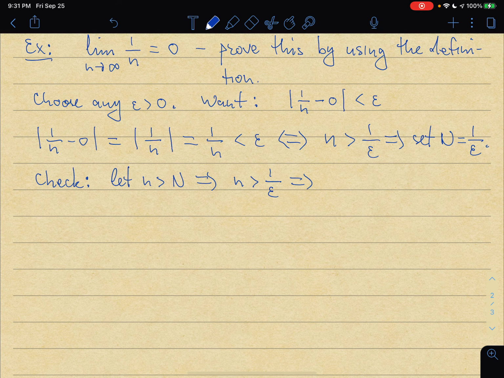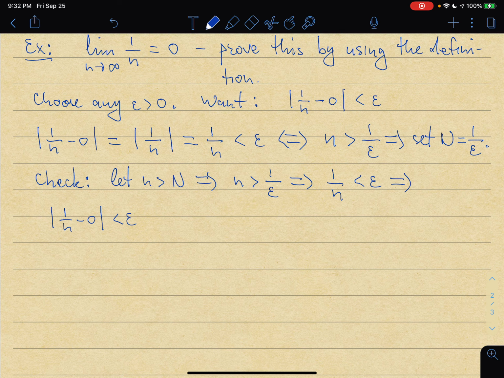If n is bigger than 1 over epsilon, again, dividing by n and multiplying by epsilon, I'm going to get that 1 over n is less than epsilon. Then 1 over n I can write as absolute value of 1 over n minus 0 less than epsilon.